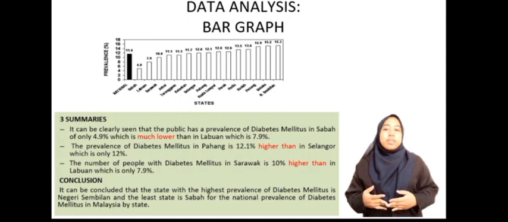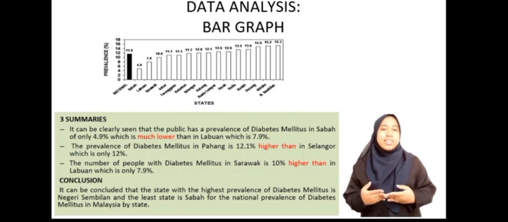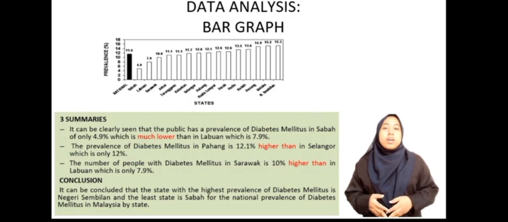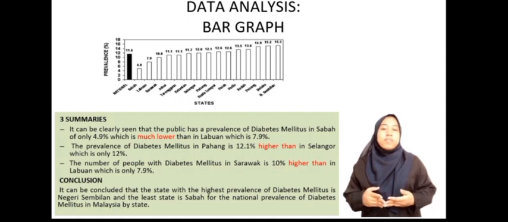Third, the prevalence of diabetes mellitus in Sarawak is 10%, slightly higher than in Labuan, which is only 7.9%. For conclusion, the state with the highest prevalence of diabetes mellitus is Negeri Sembilan, and the lowest is Sabah for the national prevalence of diabetes mellitus in Malaysia by states.